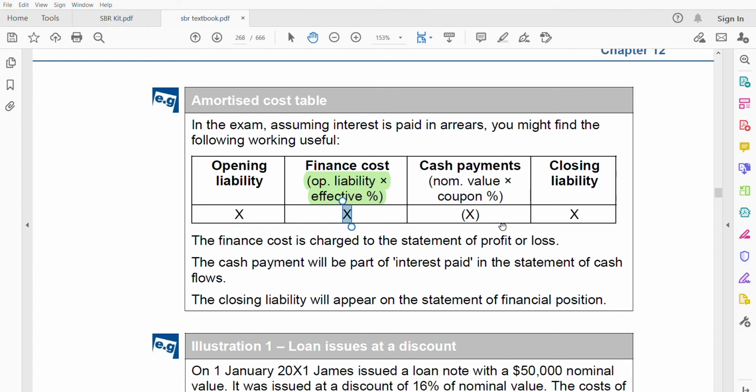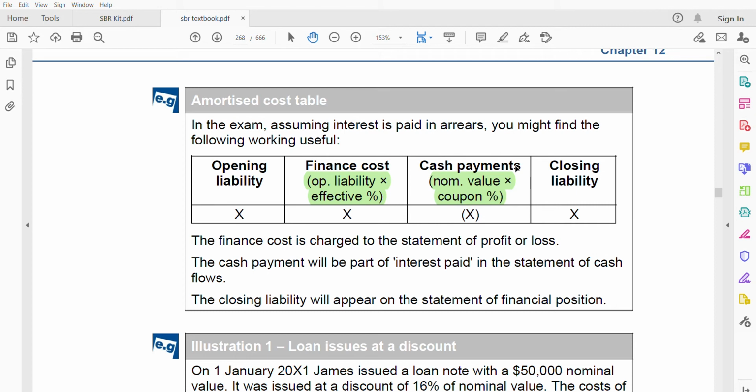Next, we said that cash payments will reduce liability, so you deduct the cash payment. How do you get the cash payment? It is this: nominal value into coupon percentage. You are given the coupon. Remember, your effective rate of interest and your coupon percentage are not the same. They are different. So don't get confused with the interest rate.